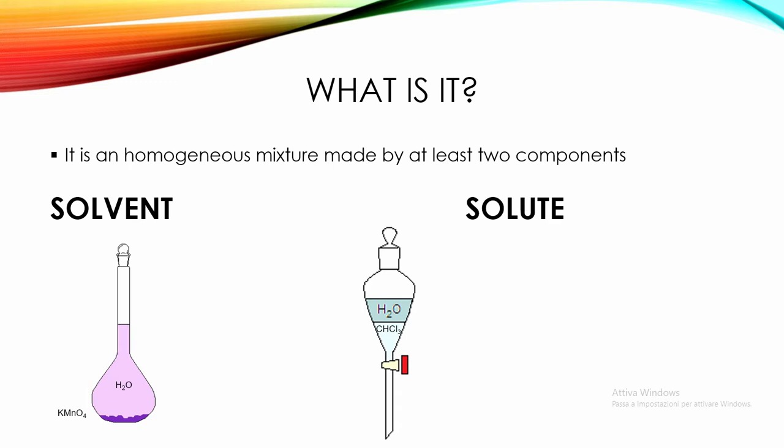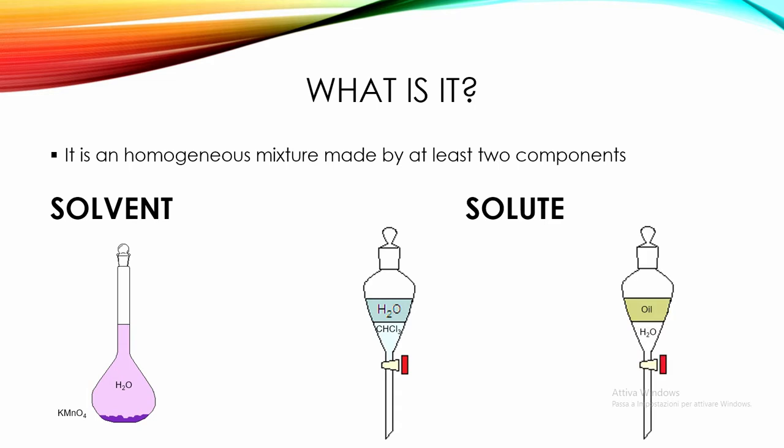Now chloroform is more dense than water, so you will see it on the bottom of the separatory funnel, so it will be the first layer. This is again not a solution because it's not homogeneous. A solution should be something where you cannot recognize which is the solvent and which is the solute anymore, because they are well mixed together.